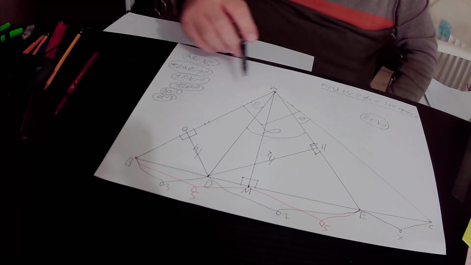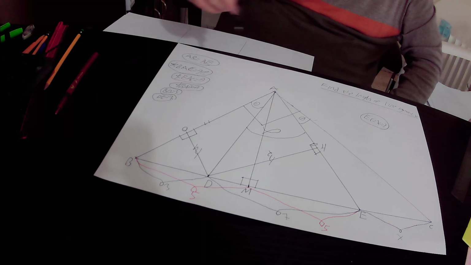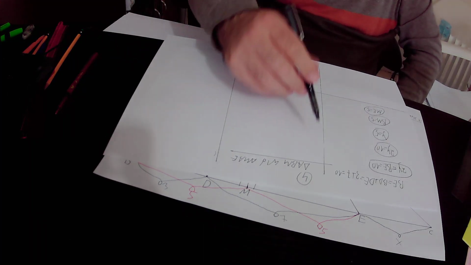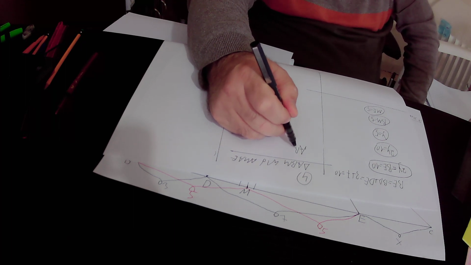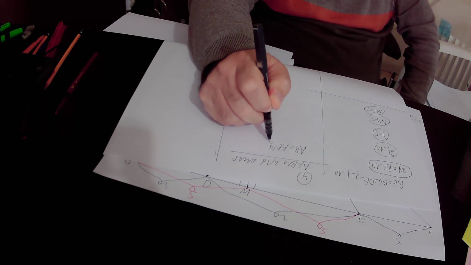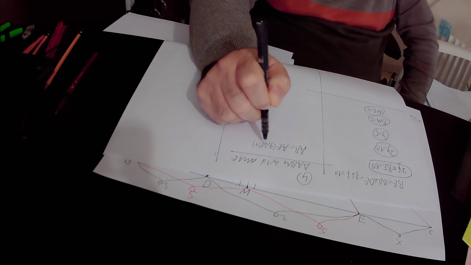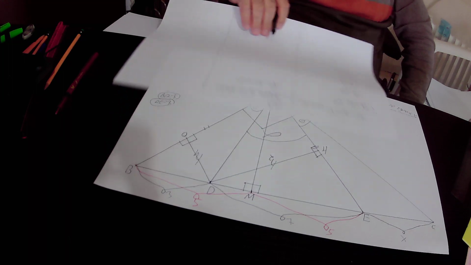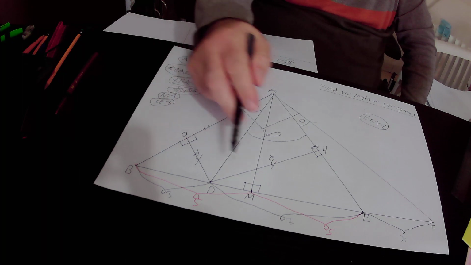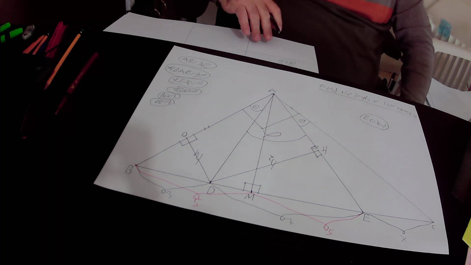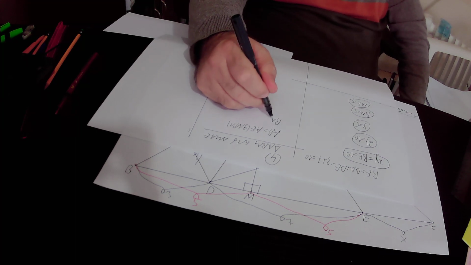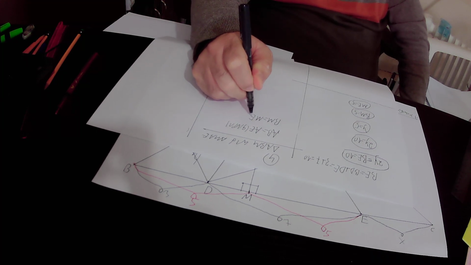First of all, we know that AB equals AE according to what is given in the question. AB is equal to AE, given. And we also know that we just proved that BM is equal to ME equals 5 units.